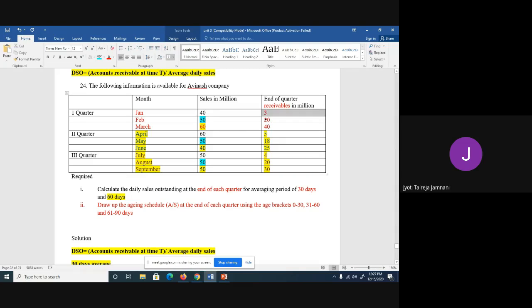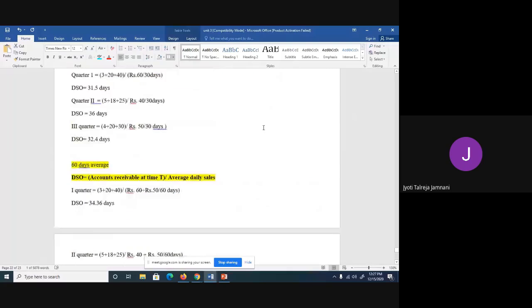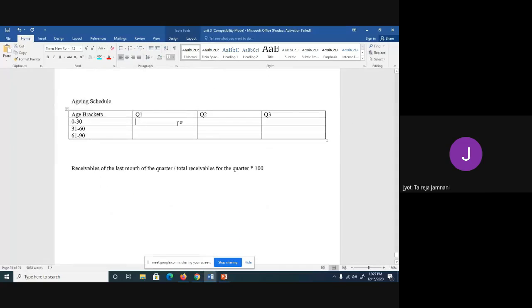So the total of the quarter is 63 and the last month receivables is 40. So here I am going to write 40 divided by 63 into 100, which is equal to 63.4%. I will explain what I'm trying to do.